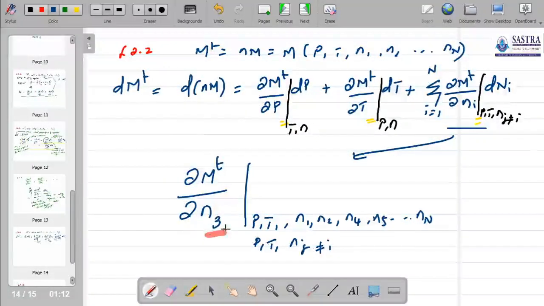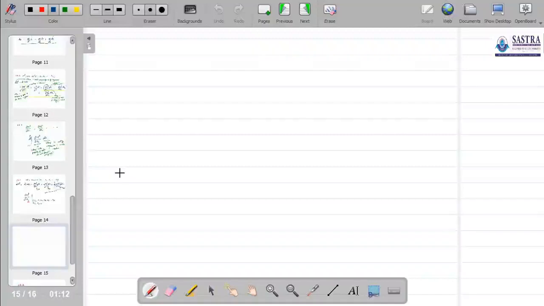Now this property has a very interesting name, and in thermodynamics it is called the partial molar property. So what is a partial molar property?